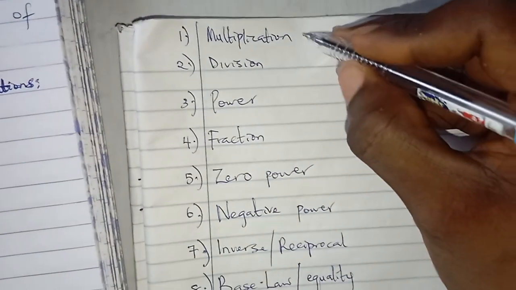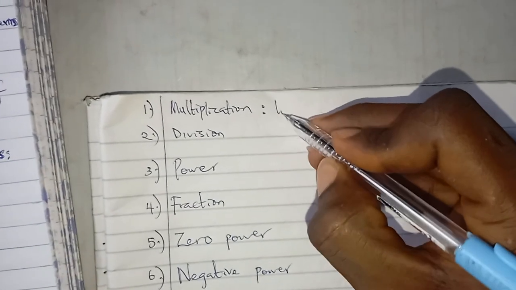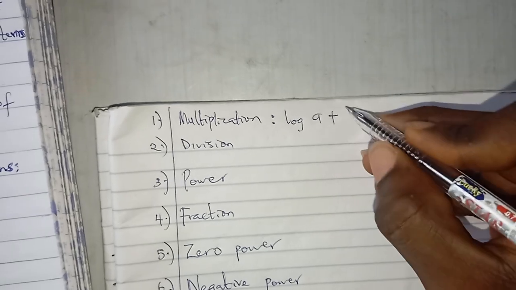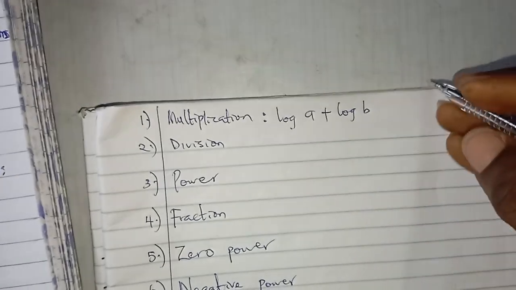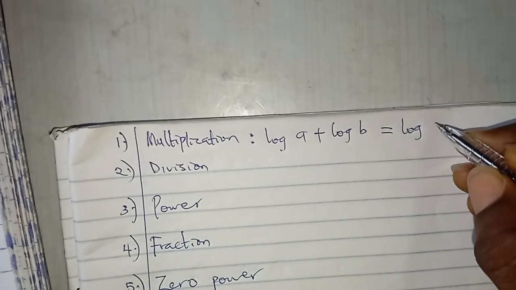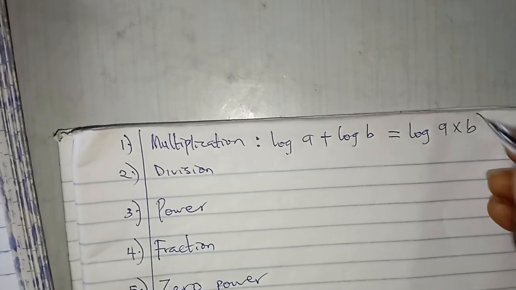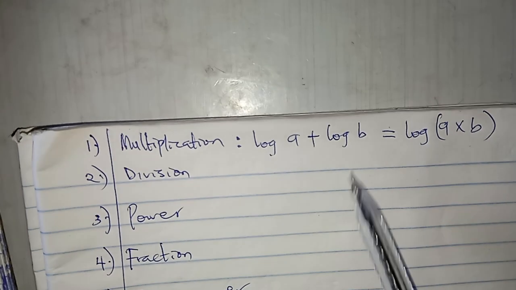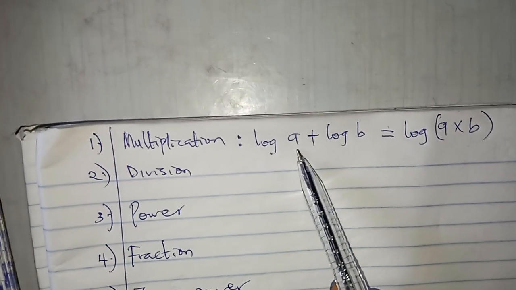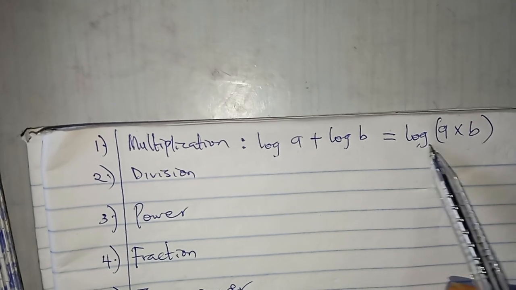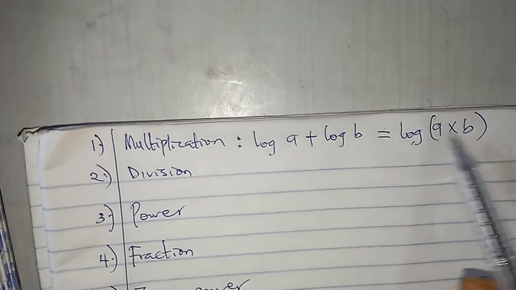So you see, let's now put this down. For multiplication, we have that if I have log a plus log b, it is equal to log a times b. Are you seeing it? So instead of coming to do log a plus log b, stressing yourself, just bring out one log, then do a times b.